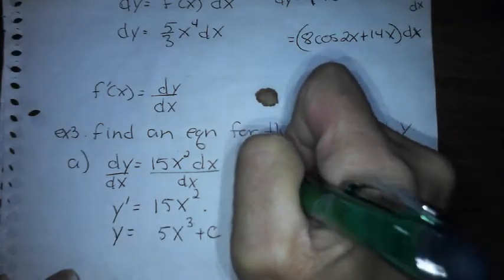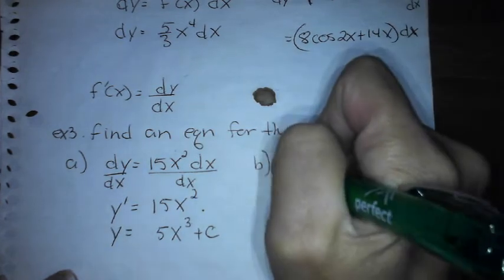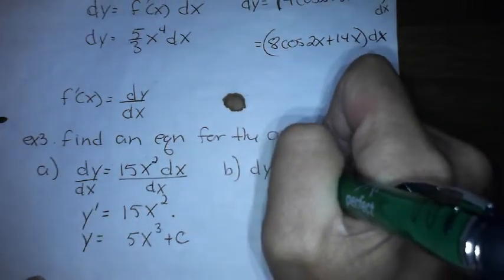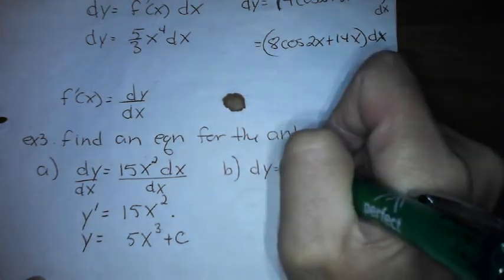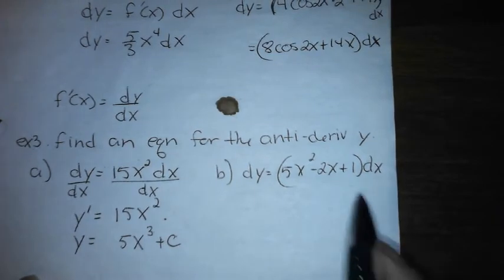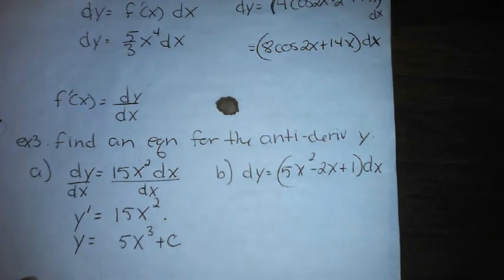And we'll do one more. So all we're doing is connecting differentials to antiderivative. So when you're given a differential, 5x squared minus 2x plus 1 all times dx, we know if we divide both sides by dx, we'll have the derivative equation.